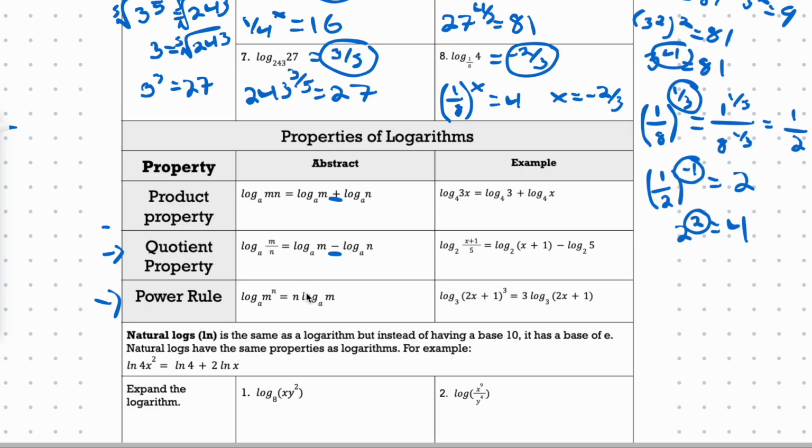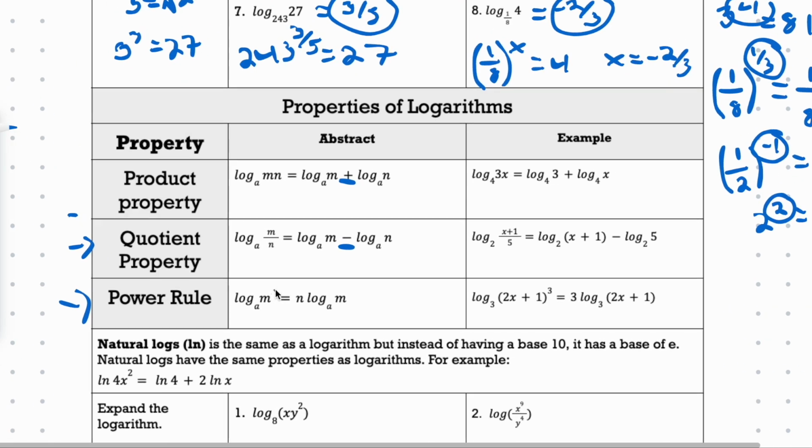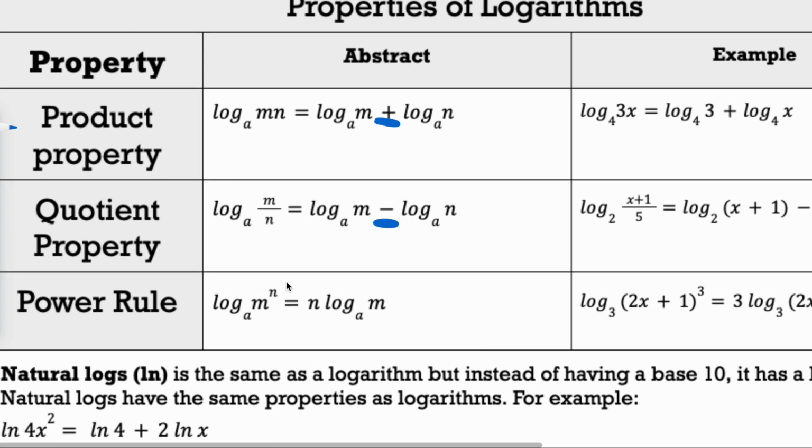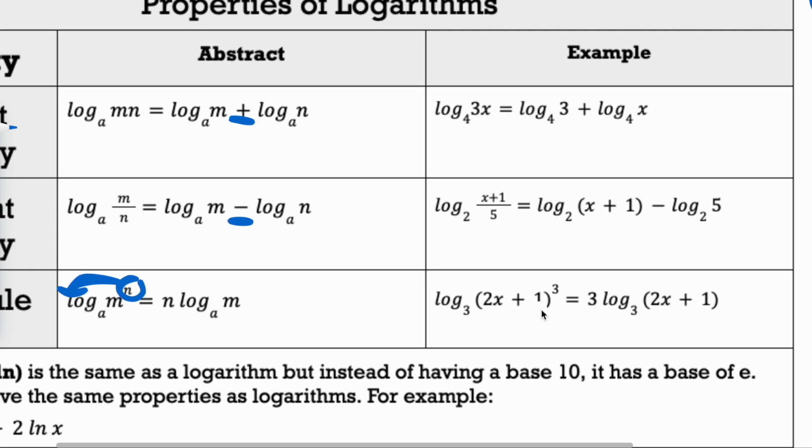Basically, whenever we have an exponent on the inside part, when we're raising m to some power n, we can put it outside. So here in this example, we have log base 3 of 2x plus 1 to the third power. And now we're just moving that 3 out front to be a coefficient of this logarithm.